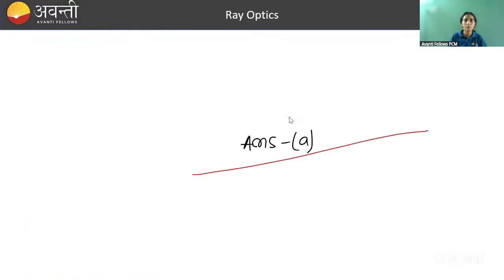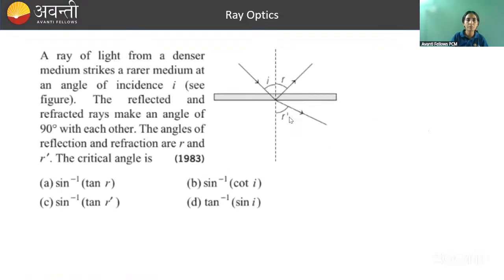Okay, now let's start with this question. Do it. You just need to juggle with Snell's law and all. Take your time, do it like me.